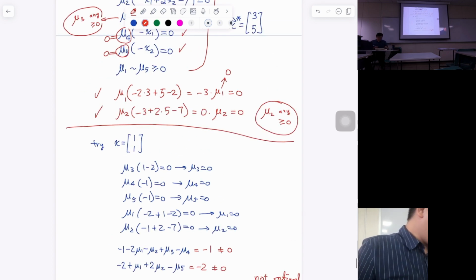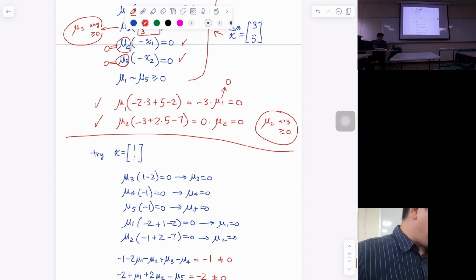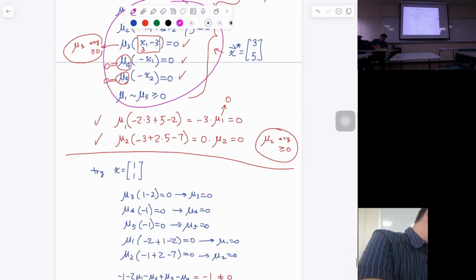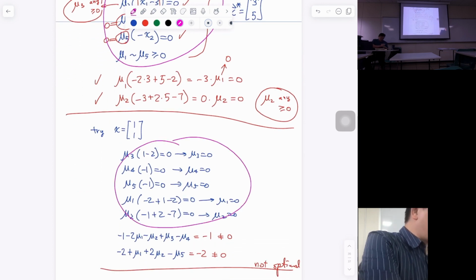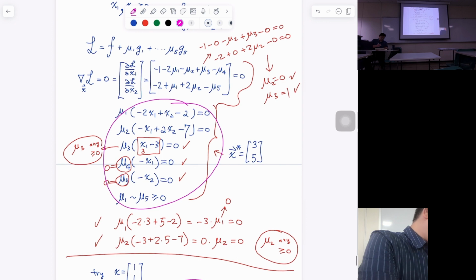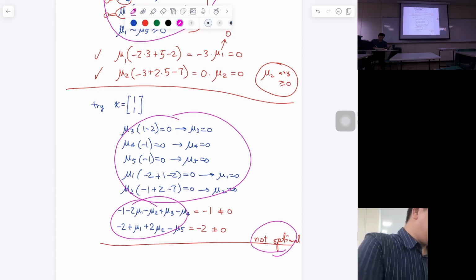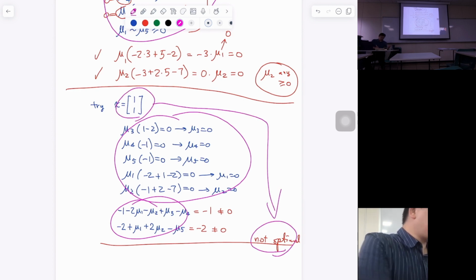So I tried a different point. From the bottom, I realize mu has to be all 0. But if I plug in here, I realize these two equations are not 0. So at the end, it tells me this point is not optimal. Okay.